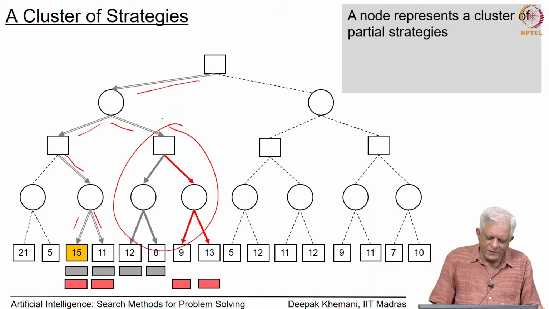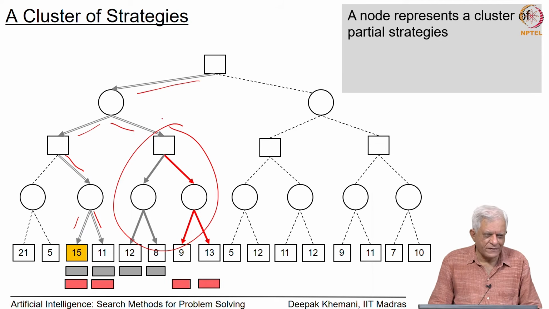So, if we choose any arbitrary node amongst the leaves in a game tree, that node represents what we call a cluster of strategies, or these are partial strategies because they have not been completely specified. Only one node in that has been specified.